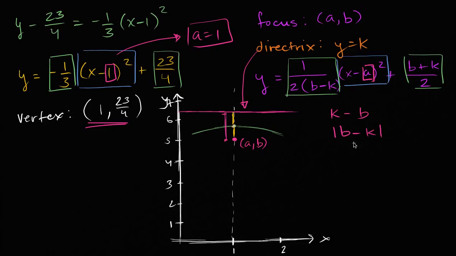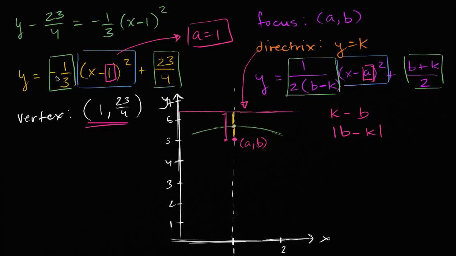So if we knew what the absolute value of b minus k is, if we knew this distance, then we just split it in half. The directrix is going to be half the distance above, and the focus is going to be half the distance below. So let's see if we can figure this out. And we can, because in this equation you can see where b minus k is involved. 1 over 2 times b minus k needs to be equal to negative 1/3.